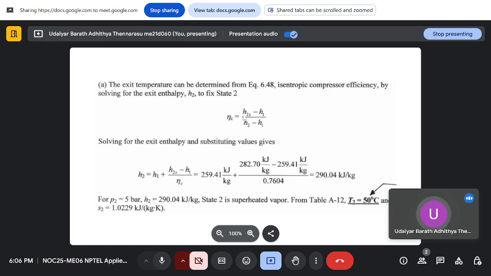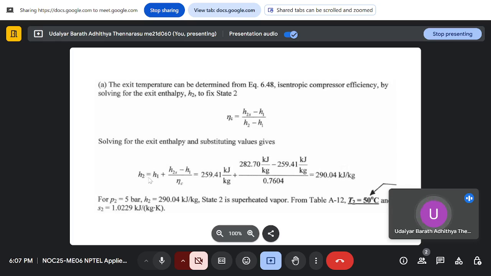So isentropic efficiency is H2s minus H1, that is the ideal compression, divided by my actual compression work, so H2s minus H1 divided by H2 minus H1. Using this I know all of the values except H2, so I can estimate enthalpy at exit of the compressor. So H2 is H1 plus H2s minus H1 divided by the compressor isentropic efficiency.